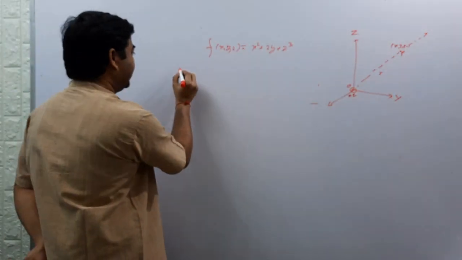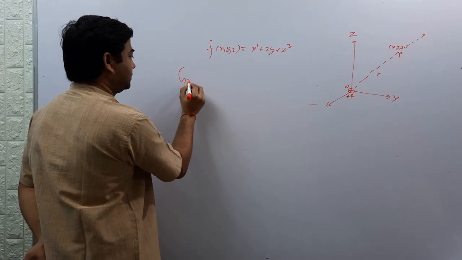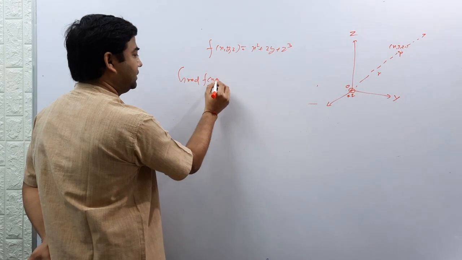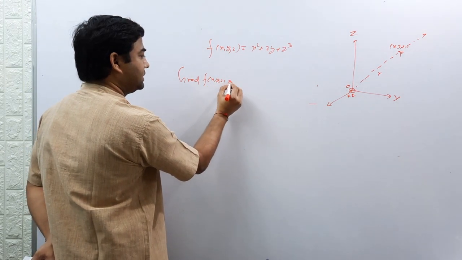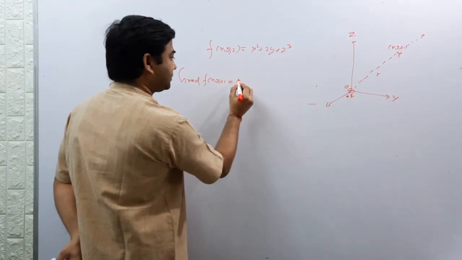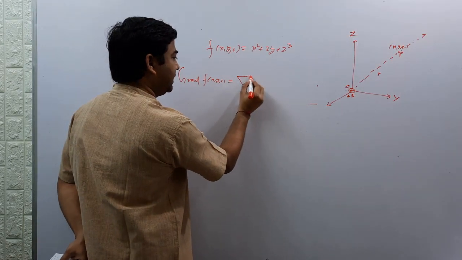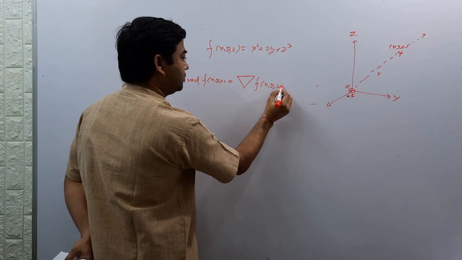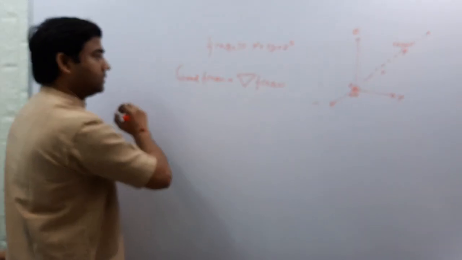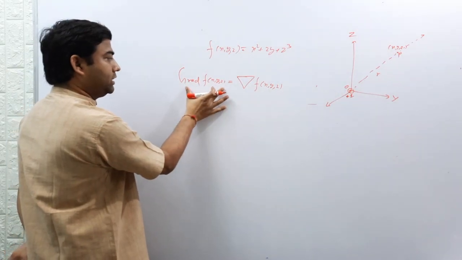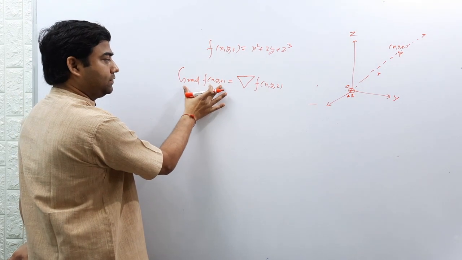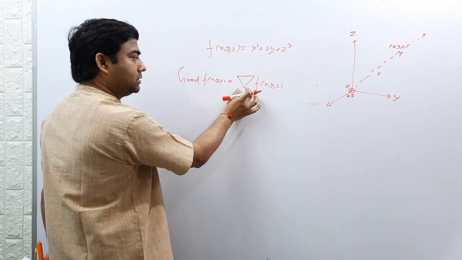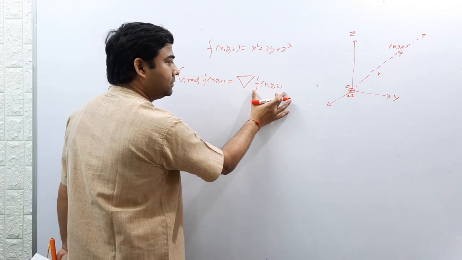So we want to find the grad of this scalar function f(x, y, z). It can be written as del f(x, y, z). This is called grad, that is the gradient of the function, and this del operator is used to find the gradient of this function.